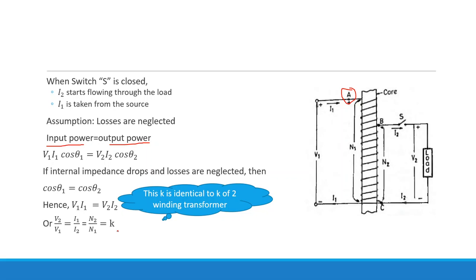So what could be the value of K? The value of K is less than unity, less than 1, and this K is nothing but similar to the transformation ratio of two winding transformer. So you are getting the same expression.